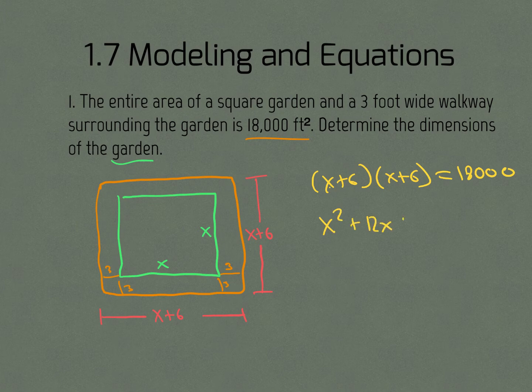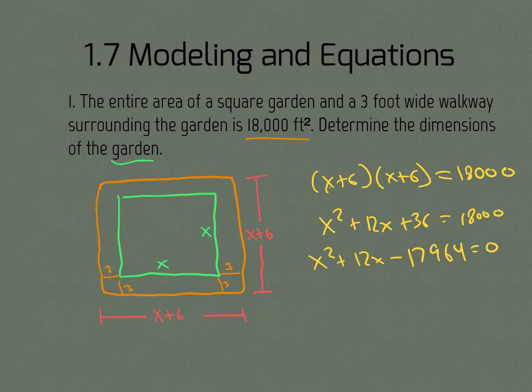We can expand this out at least. We could set it equal to 0 even: 17,964. And then maybe you'd use the quadratic formula on your calculator. You use the solve feature, or solve it by graphing, which is going to be a separate video.